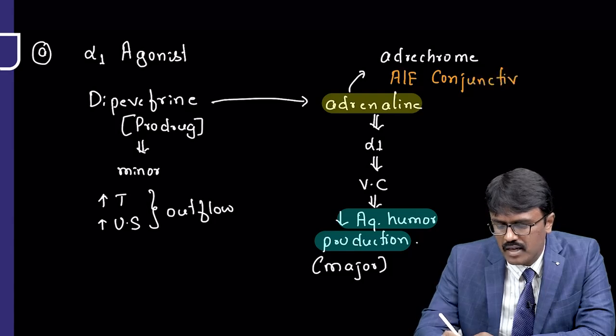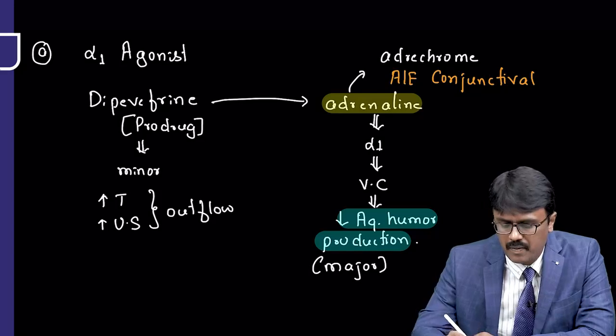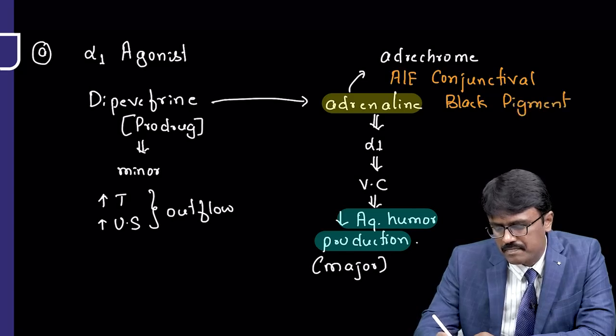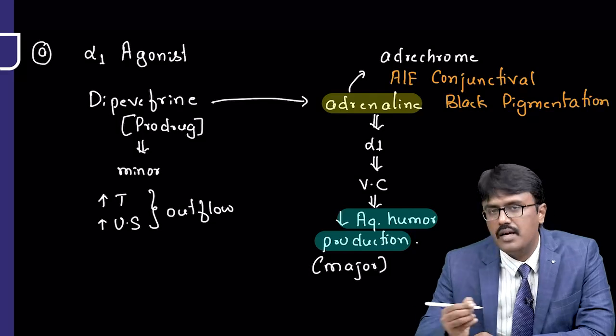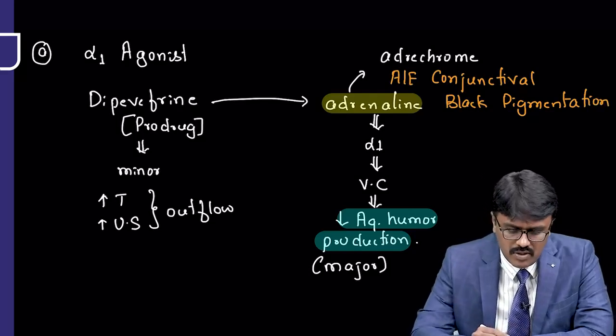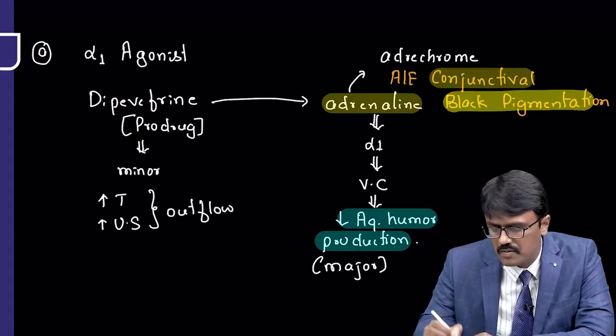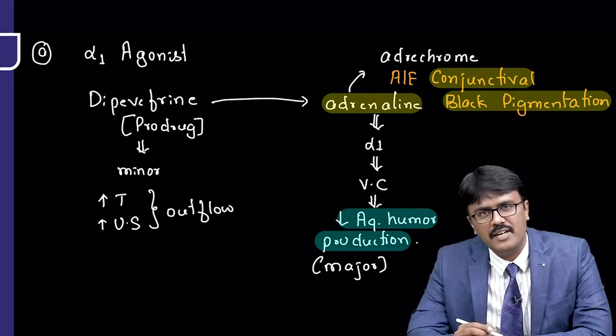Patient will complain of conjunctival black pigmentation. They will have this black pigmentation, because of adrenochrome. So this was the MCQ asked in one of the recent exams. Please mark it. Which drug causes conjunctival black pigmentation?